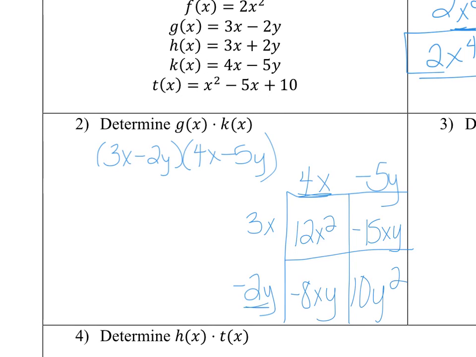Okay, and then we simply write this out like it's a function. So g of x times k of x is 12x squared. There are no like terms to add it to, so I just put 12x squared. Negative 15xy and negative 8xy are like terms.